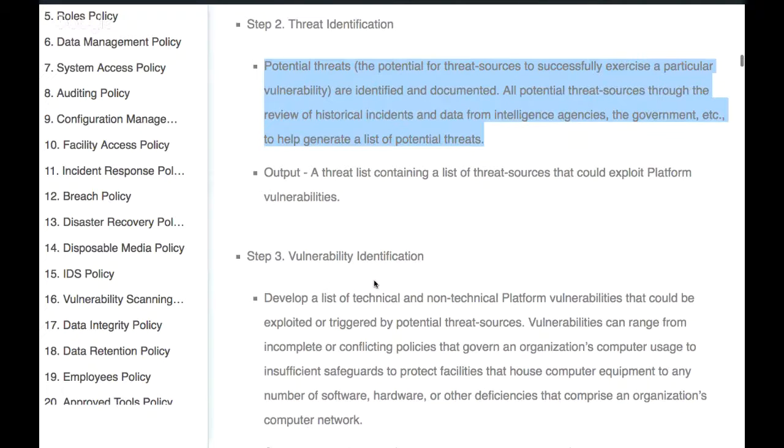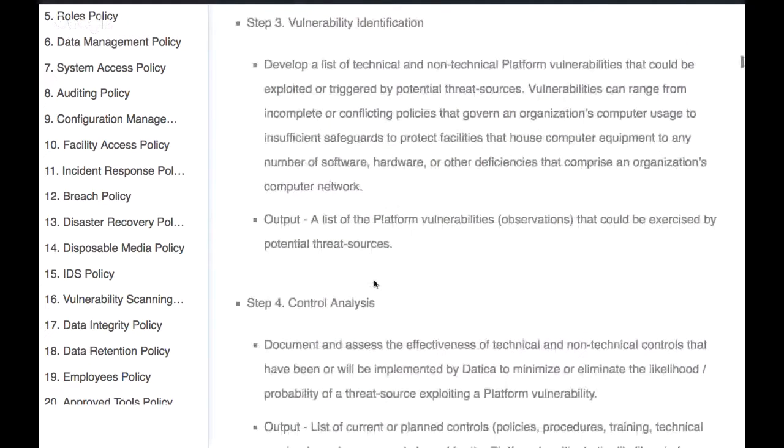Step 3 is vulnerability identification. Here we have to develop a list of technical and non-technical platform vulnerabilities that could be exploited or triggered by potential threat sources.